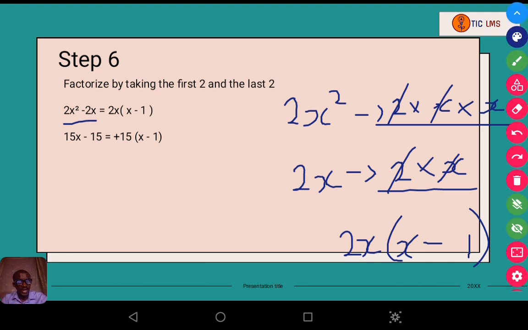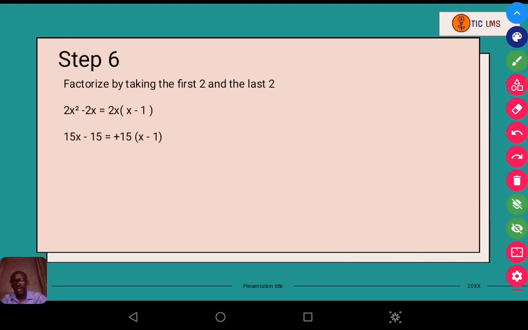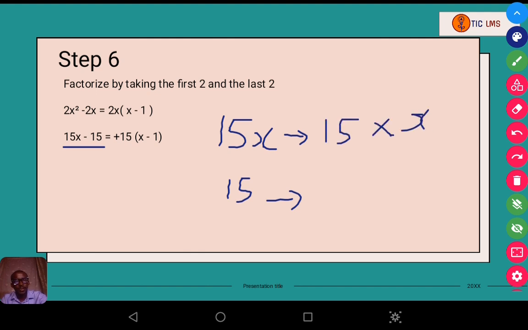Now, if you don't get that, you're free to play it over again. Now we'll go to the next one, which is 15x minus 15. So we write it out the way we wrote it. So 15x and then 15. Now what are the factors of 15x? That's 15 multiplied by x. And then here we have just 15.